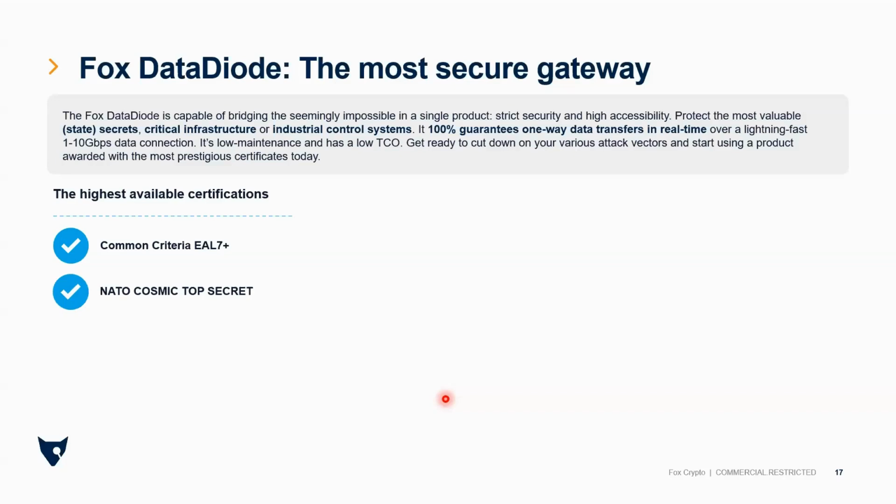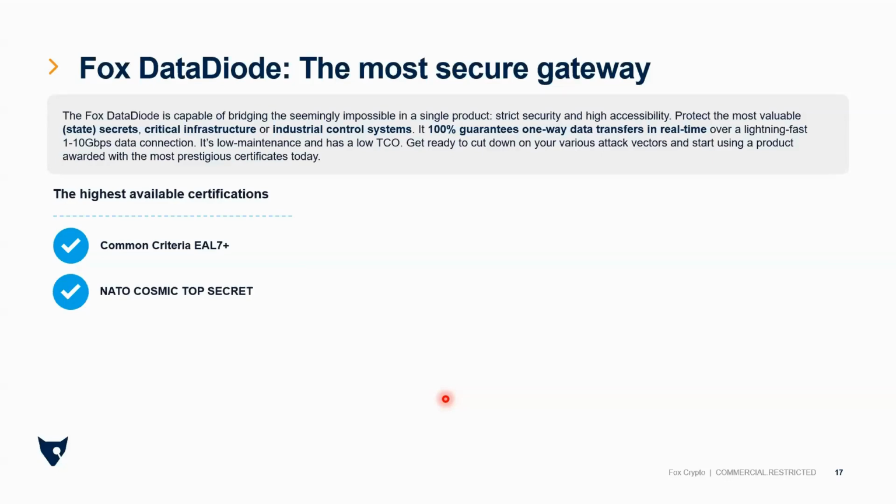But fortunately, there are external third-party organizations like Common Criteria that have frameworks that you have to adhere to get a certification. And the highest level with Common Criteria is EAL 7+, and that's what we have with the Fox DataDiode.